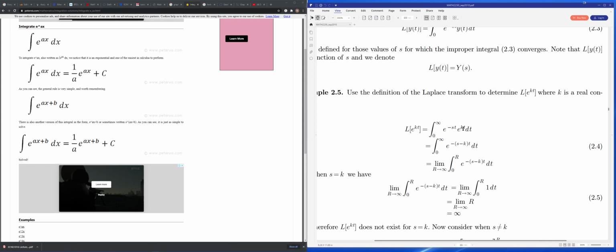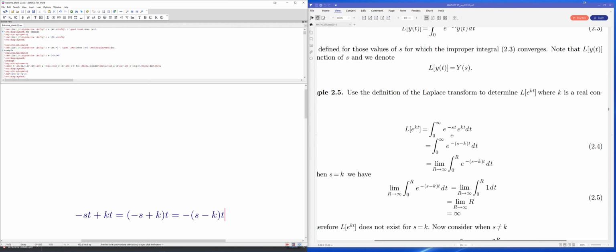So I add the powers, minus st plus kt, and factor out the t, giving minus s plus k in the bracket. It's useful here to have a minus sign out in front, so I pull a minus sign out, and inside the bracket I have s minus k. That's how I go from this product of exponentials to e to the minus (s minus k) t.